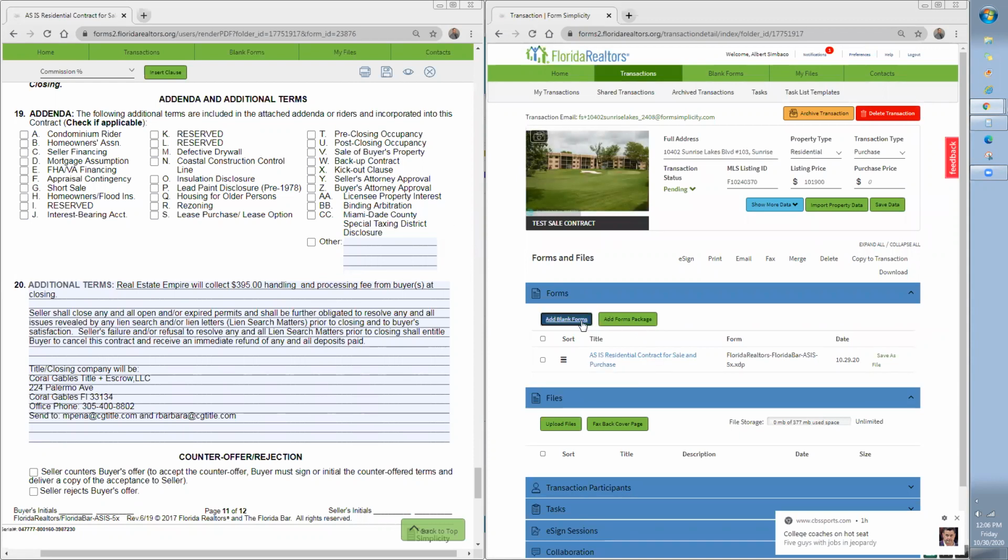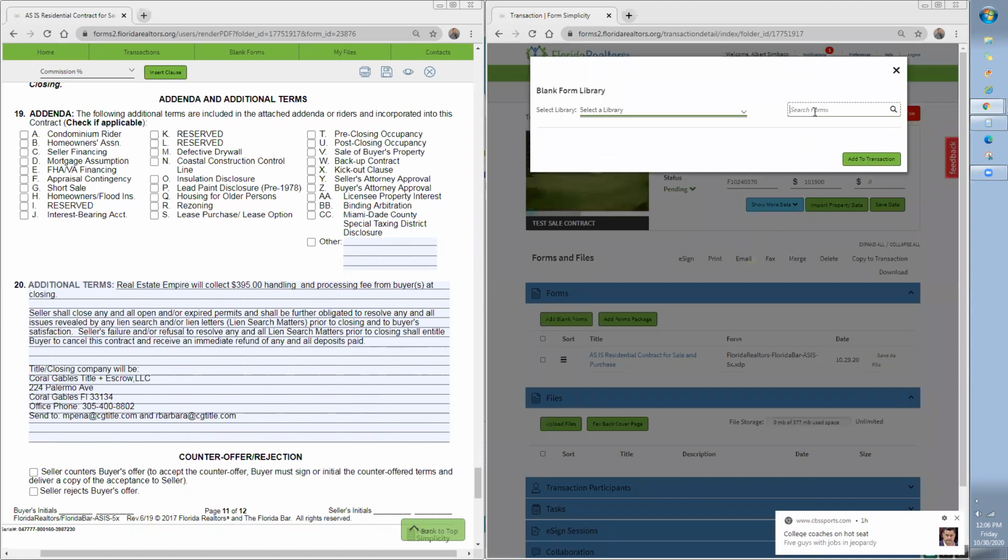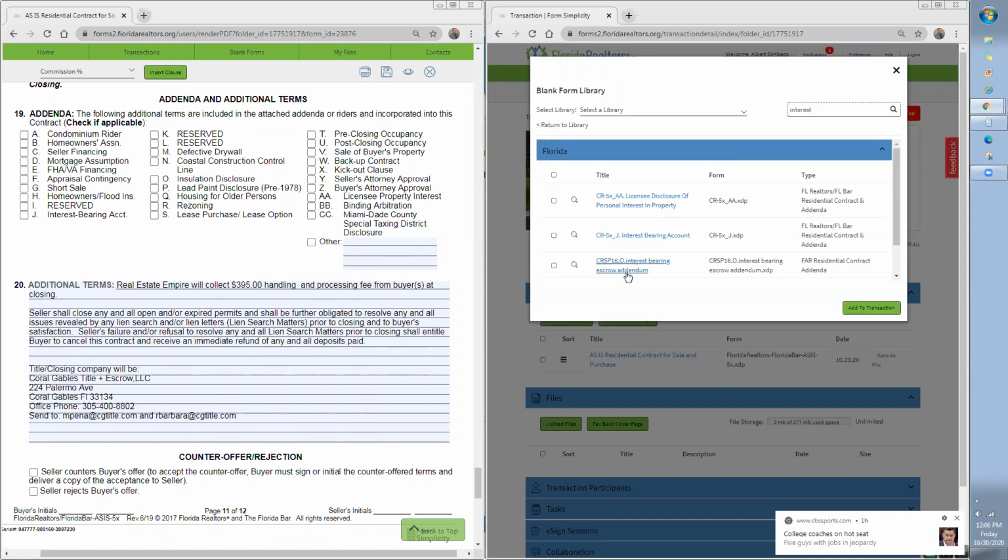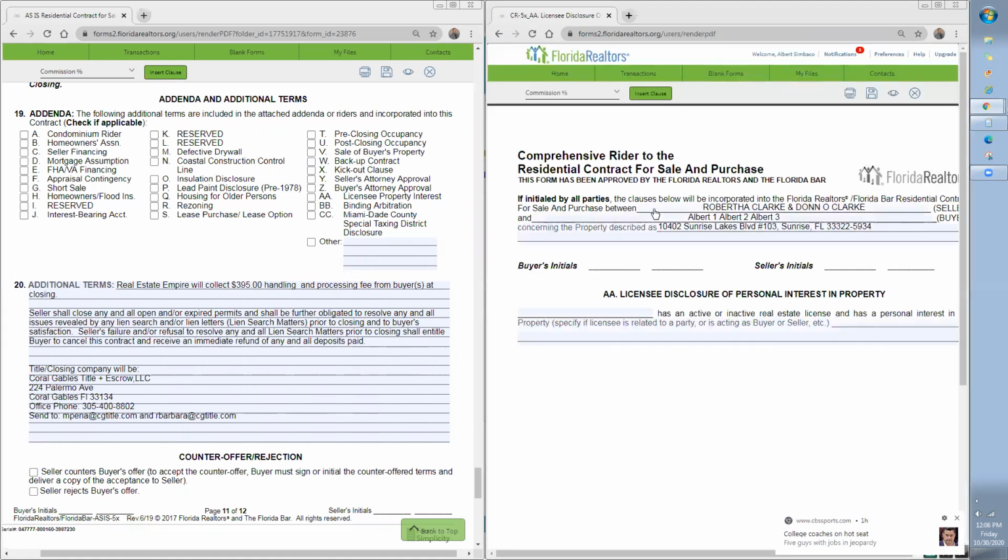Licensee property interest. This one you guys should know. Licensee disclosure of personal interest. If the property that you are purchasing or selling is your own property and you hold an active or an inactive license, then you will have to send this document with the offer.